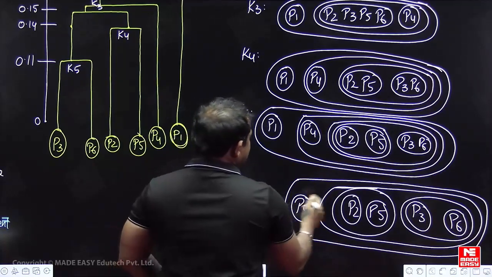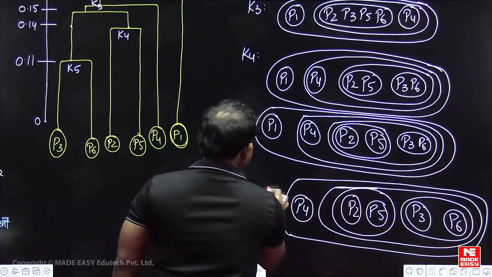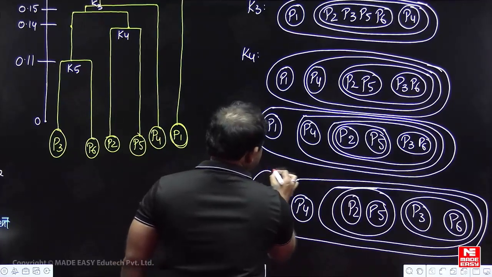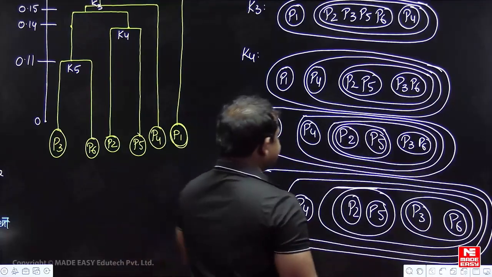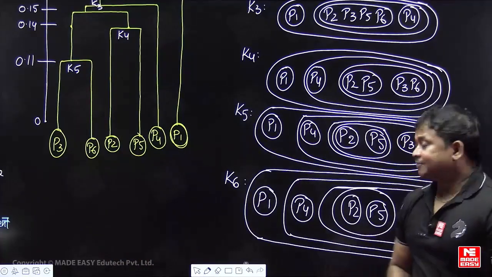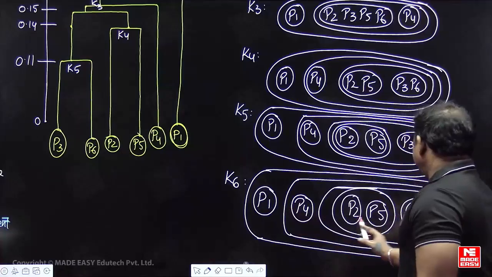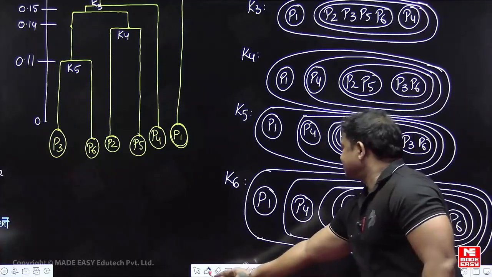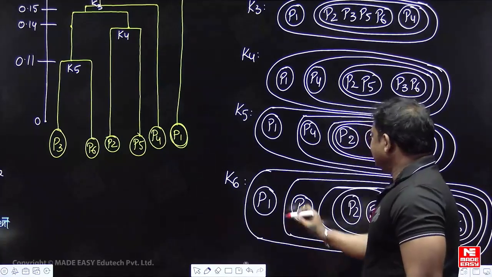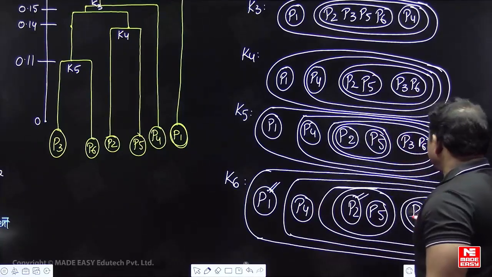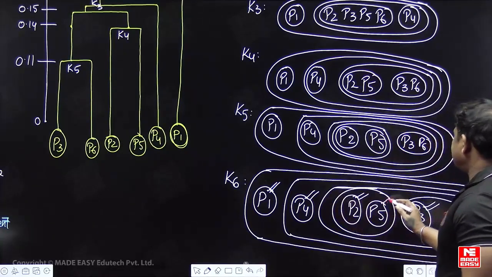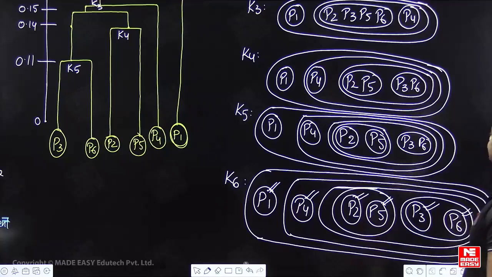Correct? So after that what you have? P1. This is also present in one cluster. Like this. This is the final diagram. So in the final what you have? P1, P2 all independent. So see this, nodes are independent. P1 is separately present, P2 separately present, P3 separately present, P4 separately present, P5 separately present, P6 separately present.